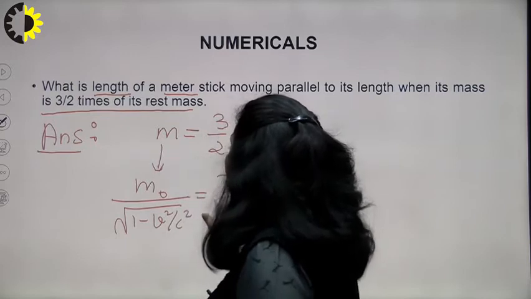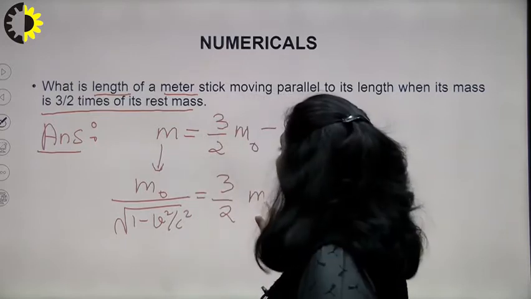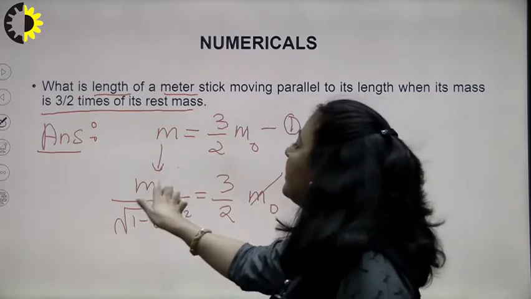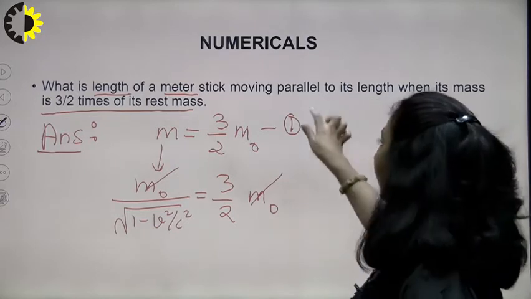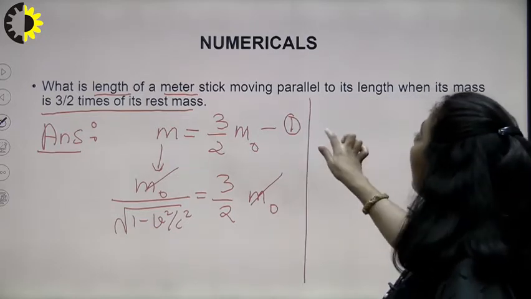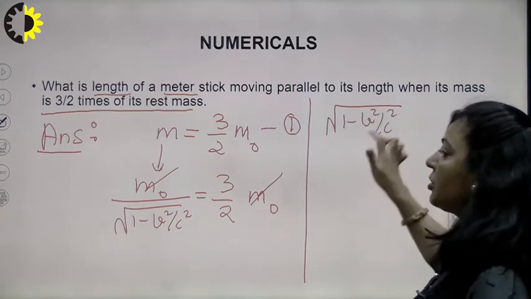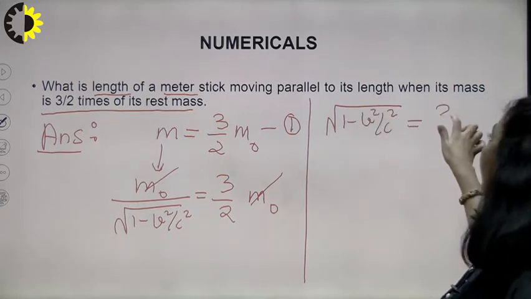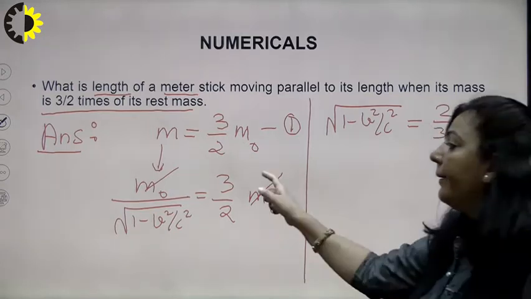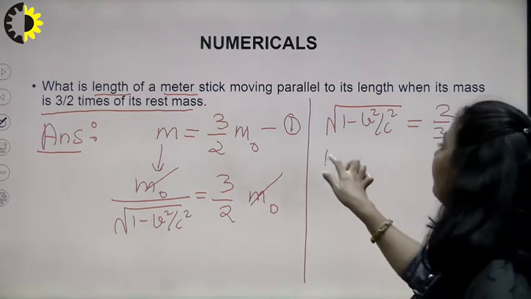According to the question, it is 3/2 times m naught. Now this m naught and this m naught will get cancelled, and you are getting root of 1 minus v square upon c square equal to 2/3, just the inverse of that. And just simplify it.